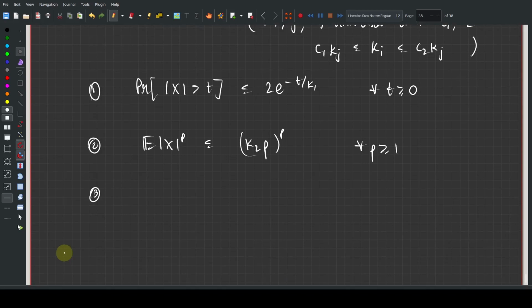Right? The third property was, if you recall, we had a bound on the expectation of e to the lambda square X square. But now we only make a claim about e to the lambda times absolute value of X. So this is less than or equal to e to the K3 times lambda, as long as lambda is less than or equal to 1 over K3.